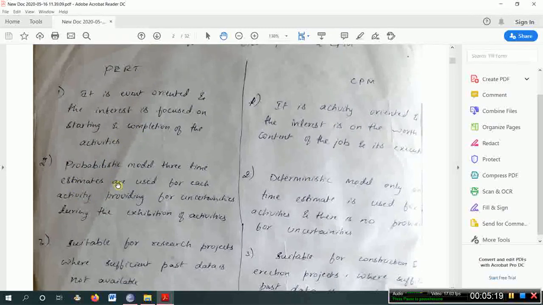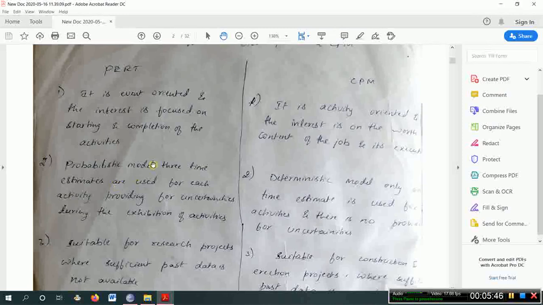It means that you are going to give the customer the probability: what is the probability of completing the project by the given time? For example, if a customer gives a project to an industry, the customer may ask, I need this project to be completed within 1 month. So the customer gives a time estimate.